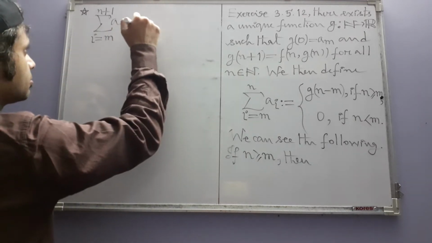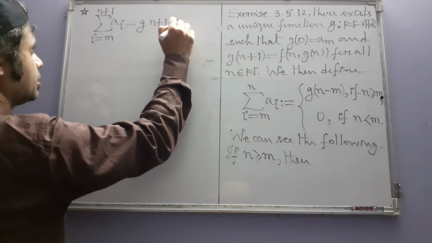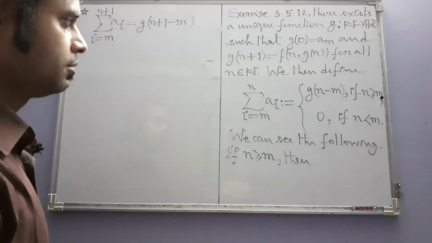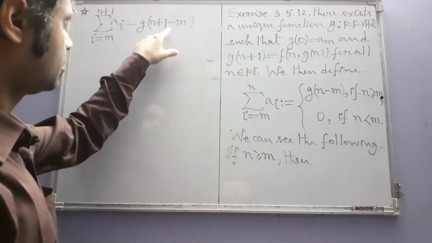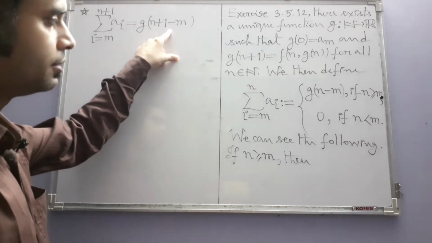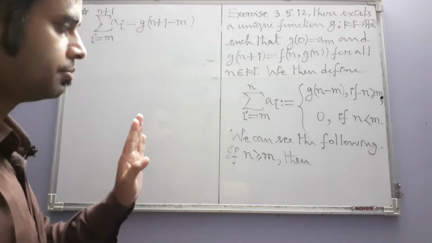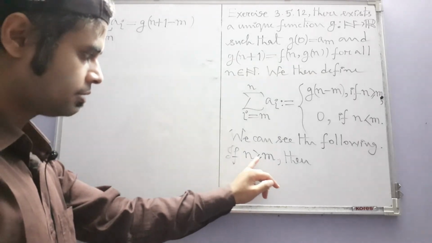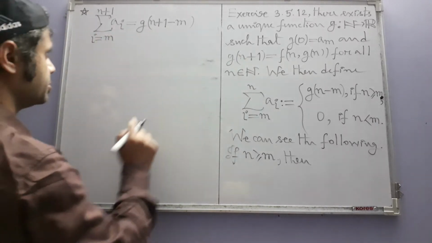This is g of n plus 1 minus m. Now can we really write this? In order for us to be able to write this, n plus 1 should be greater than or equal to m. But that is all the more true because n itself is greater than or equal to m. So we can write this.